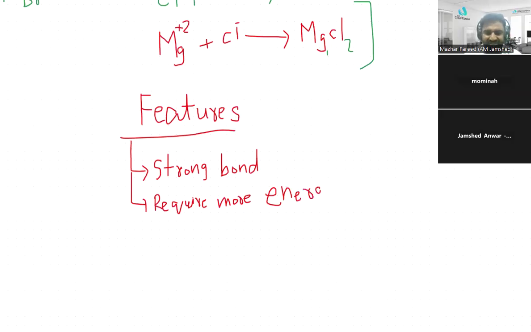So the strongest force is present in the ionic compound. Okay. So we can say the bonding energy of an ionic compound will be high.